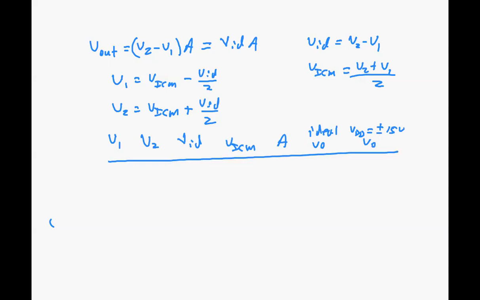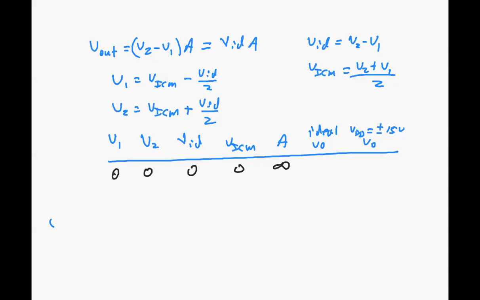So if we've got infinite gain, and we've got V1 is 0 volts, and V2 is 0 volts, and VID is 0 volts, then VICM, the average of 0 and 0, is 0.